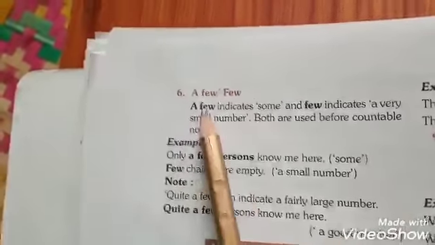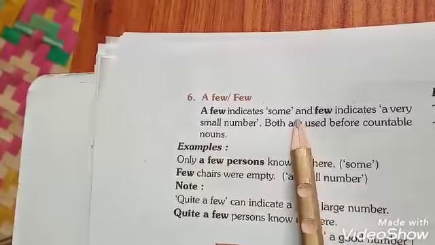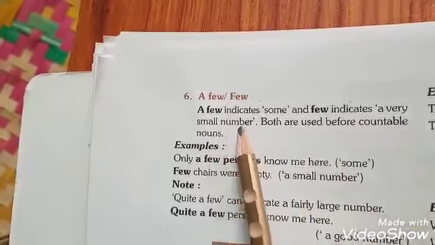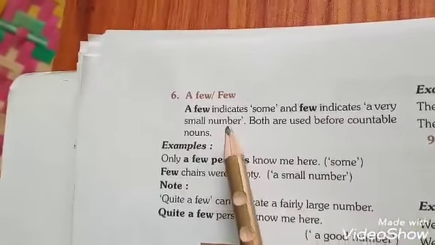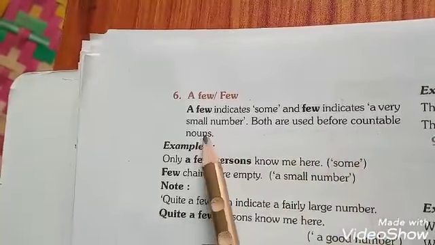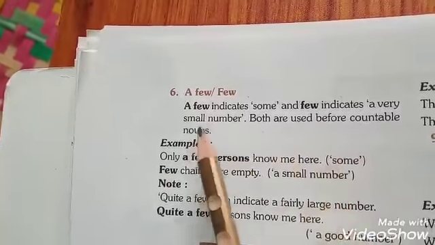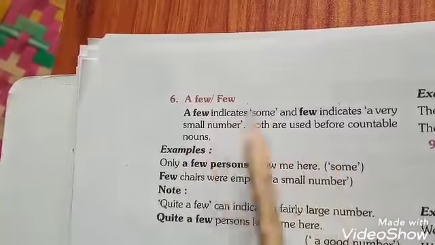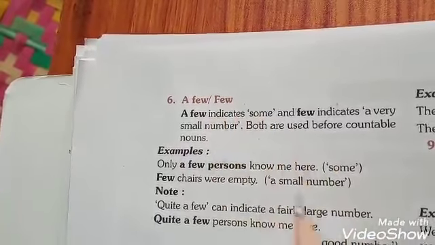Students, now move towards the use of a few and few. A few indicates some and few indicates a very small number. These both adjectives, which are generally used as determiners, are used before countable nouns. A little or little are used before uncountable nouns, while a few and few are used before countable nouns.